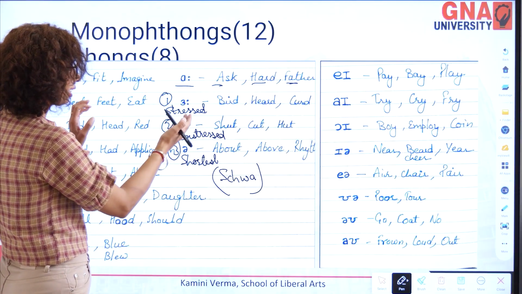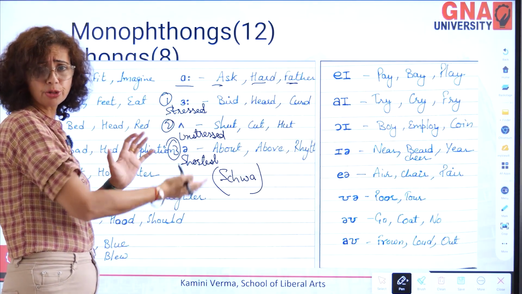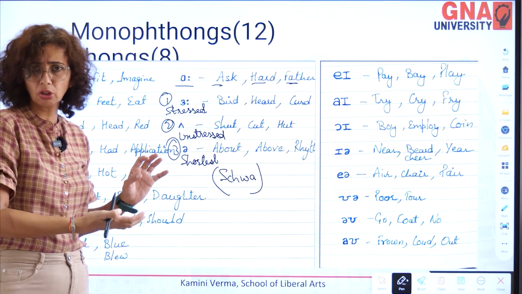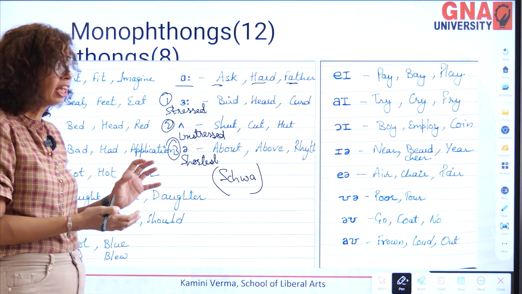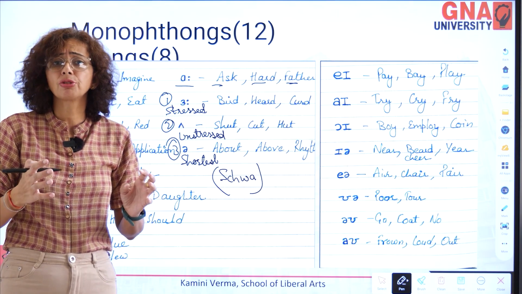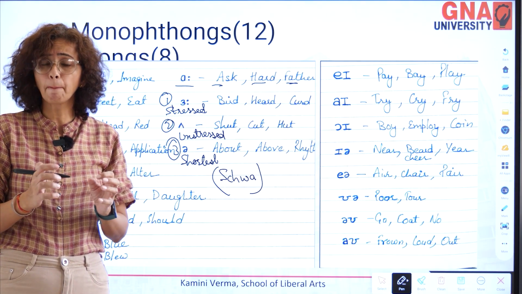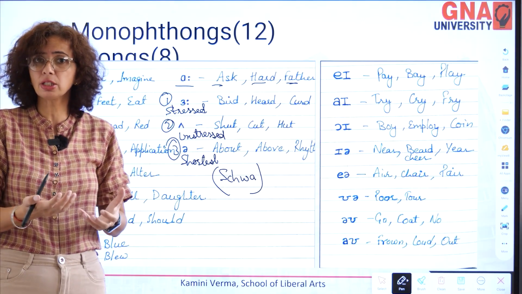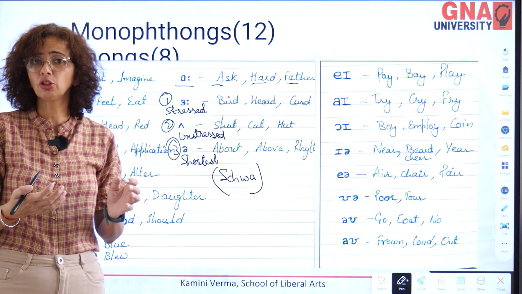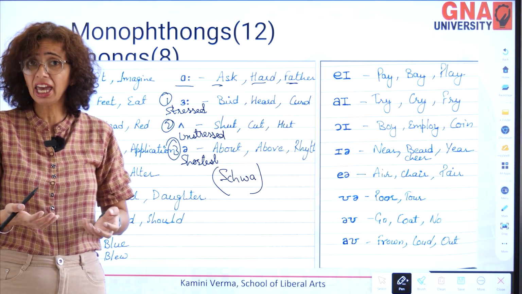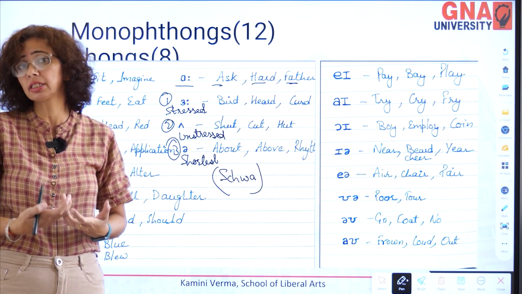So let's take the first A, that is the stressed A. Now the stress, as we are putting emphasis on it. Stressed A is something, for example, we are saying the word bird. I'm saying bird and putting stress on the A over here. I cannot say bud. So for the word bird, I have to put stress on the A sound of English.